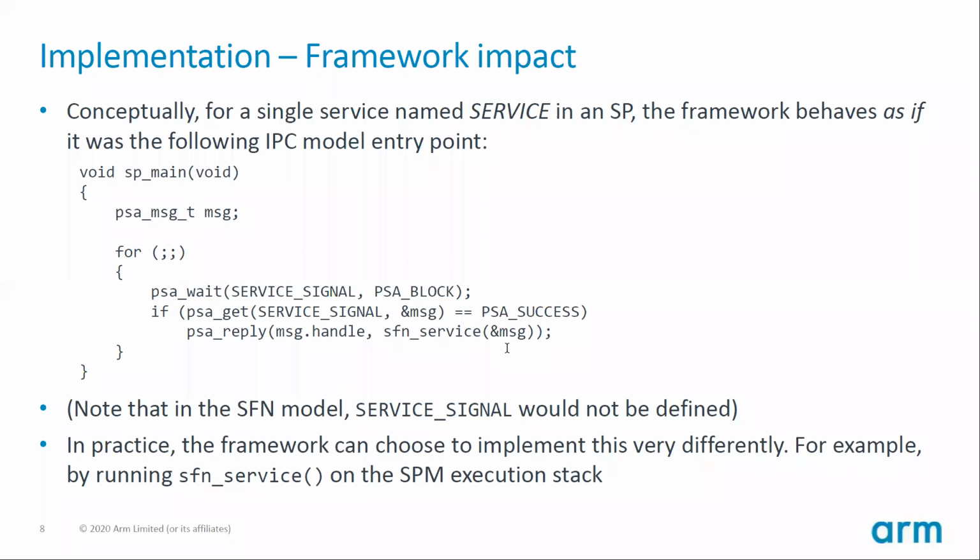Under the hood, the implementation is free to find other ways to achieve this. The example I have here is if you've got isolation level 1 and a single partition, then the SPM might invoke the secure function service directly after compiling the message from the parameters from the client.